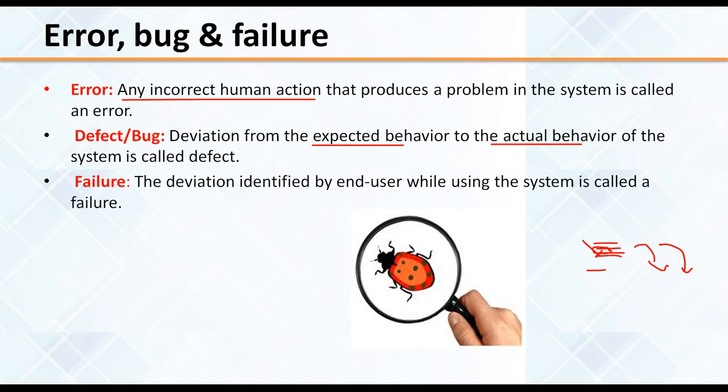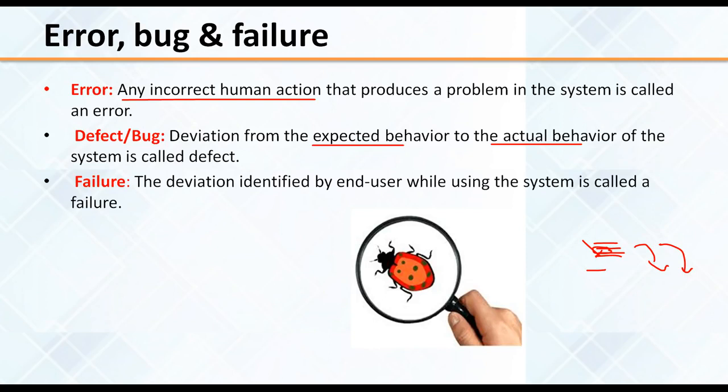So these are the different terms which we need to understand before going to the testing. Now you understand the difference between error, defect or bug, or failure. If you are clear, just please say yes or no in the chat window, then I'll proceed. Okay, great.